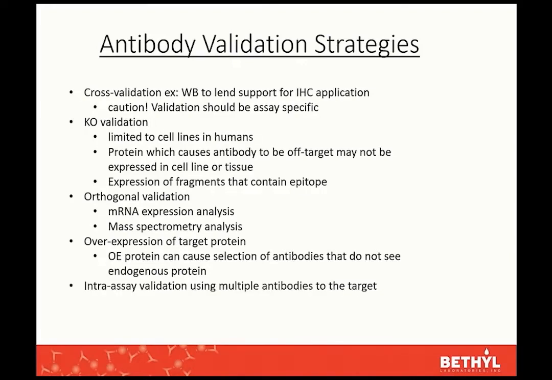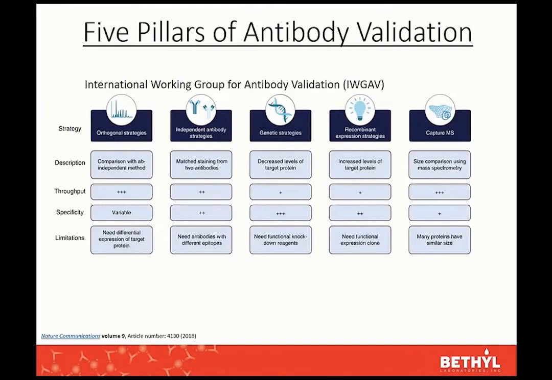Perhaps the strongest way to validate an antibody is to use an intra-assay validation method using multiple antibodies to your target. And this is one of the recommendations by the International Working Group for Antibody Validation. And we believe in this very strongly here at Bethel.